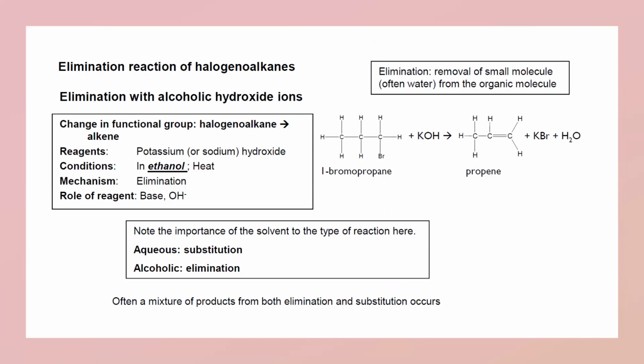If we are using aqueous potassium hydroxide, then it will be a substitution reaction, but in alcoholic, it will be an elimination reaction. And whenever elimination reaction occurs, this will result in the formation of alkene.